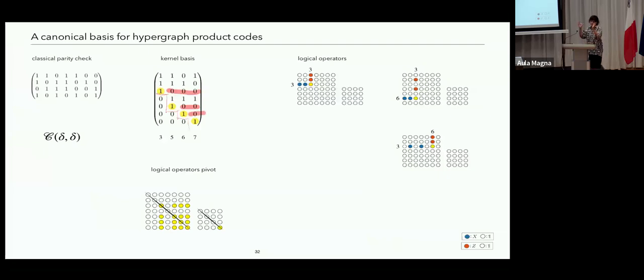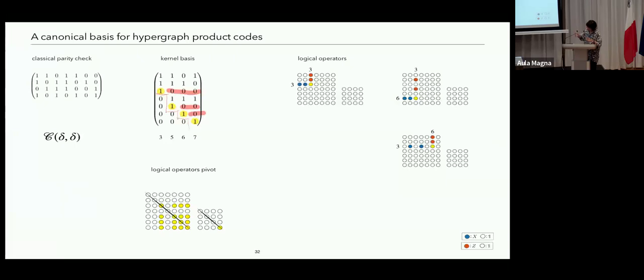Whatever, it doesn't matter. I want to show you that sometimes, to see what your transversal gates are, you need to find a particular structure in your code. And with those, you can understand what the gates are that preserve the code space.